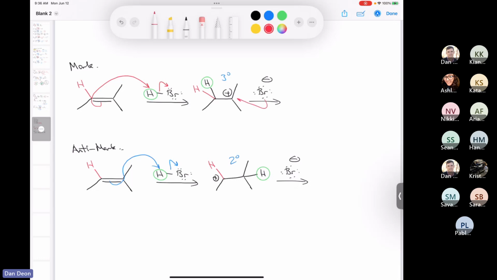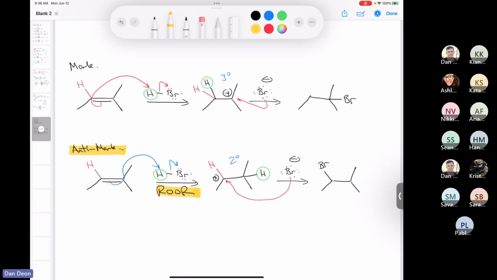Here we go. You get a nucleophilic attack over here, and that gives you the two products. So in the case of Markovnikov addition, you end up with this compound, and in the case of anti-Markovnikov addition, you get this compound. But of course, you need HBr and peroxides, right? For anti-Mark, you need peroxides to get it to work.